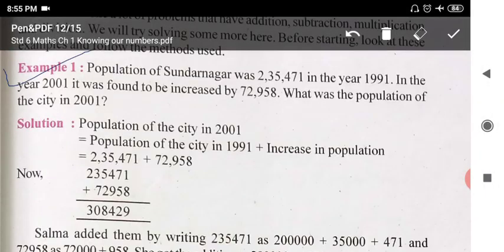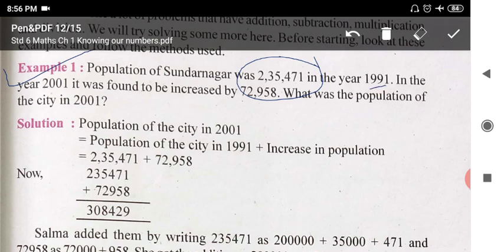Example number 1. The population of Sundarnagar was 2,35,471. You can see it's a 6-digit number. We will read it like this: 2,35,471 in the year 1991.